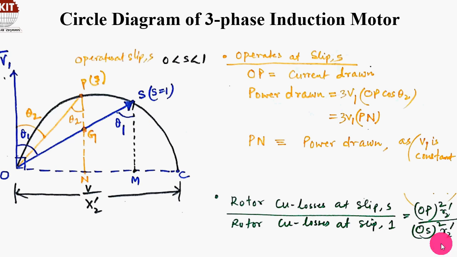So R2 dash and R2 dash will cancel out. So the ratio of rotor copper losses at any general slip to those at slip 1 is given by OP square upon OS square.